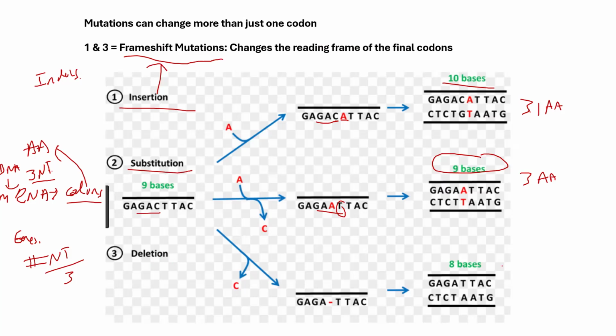And similarly, if we lose a base, right, we go from 9 to 8 bases. So GA, it should be an A here. Sorry, there should be a T here, but there's nothing here. And so when we've lost a nucleotide, we have less than 9 bases, or no, 8 is not evenly divisible by 3. So we know in this case we've lost a nucleotide.